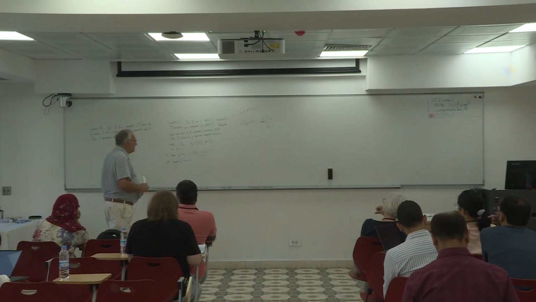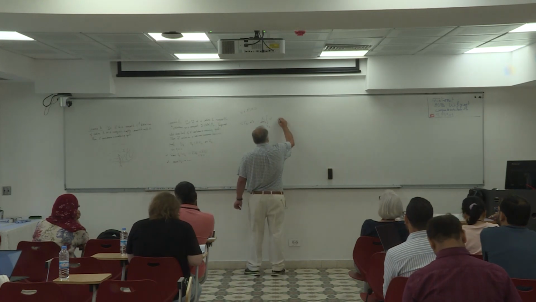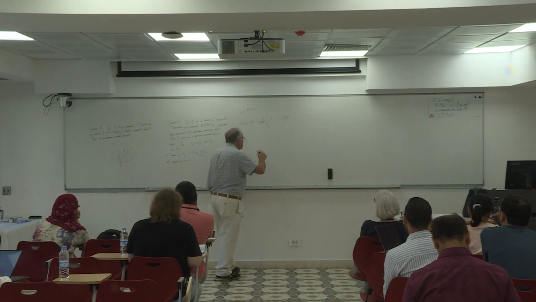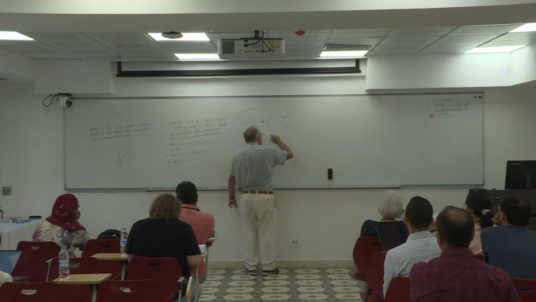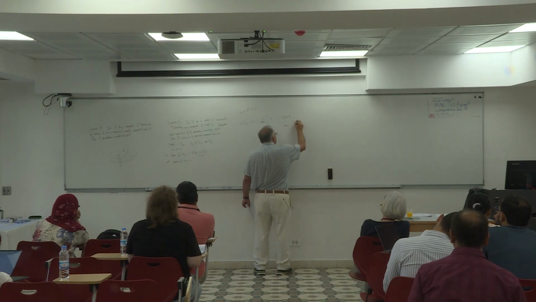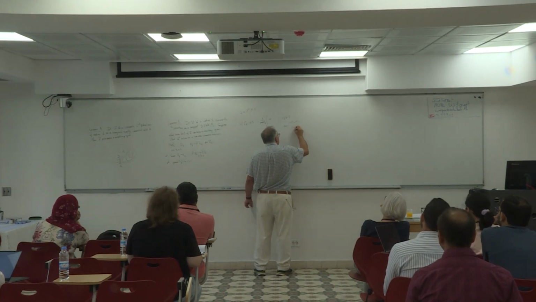And the mass of this current is 1. So what is that? The mass of the current is the supremum of the values on forms divided by the norm of the form.